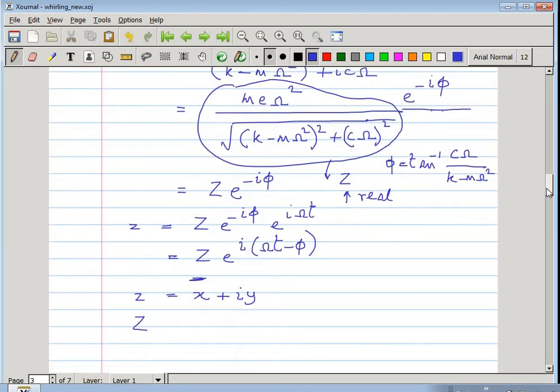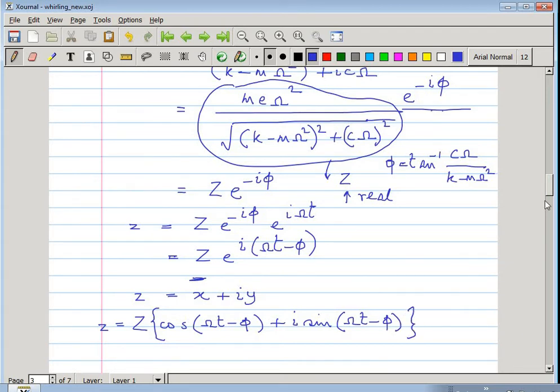That means from here you can write that small z equal to capital Z cos omega t minus phi plus i sin omega t minus phi.